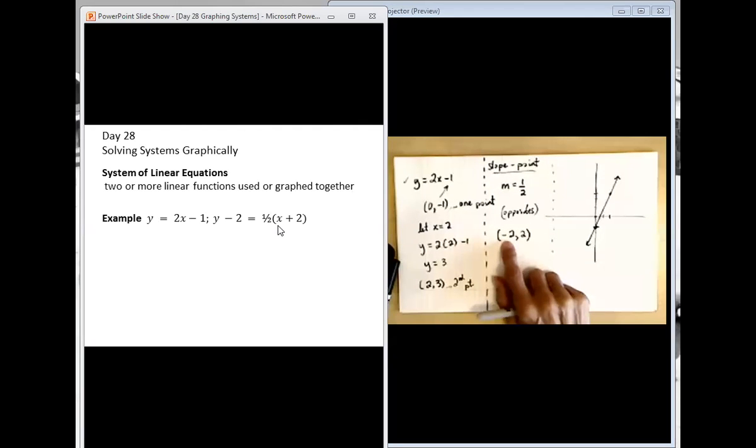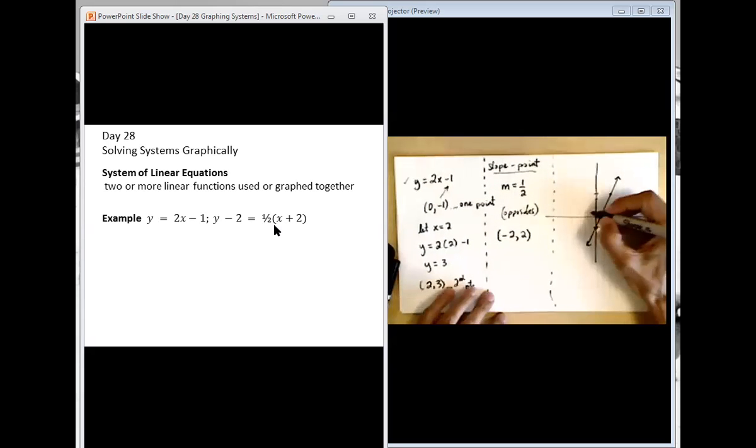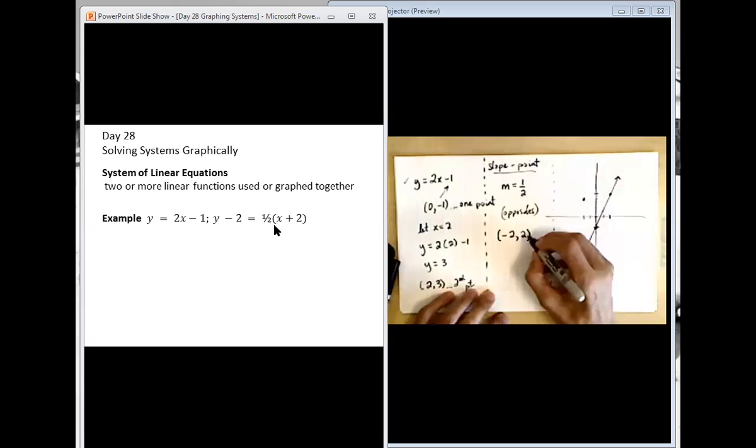Okay, so this is good. This is a point now on our second line: -2 and 2. So minus 1, -2, and up by 2. So about there. That takes care of that point.